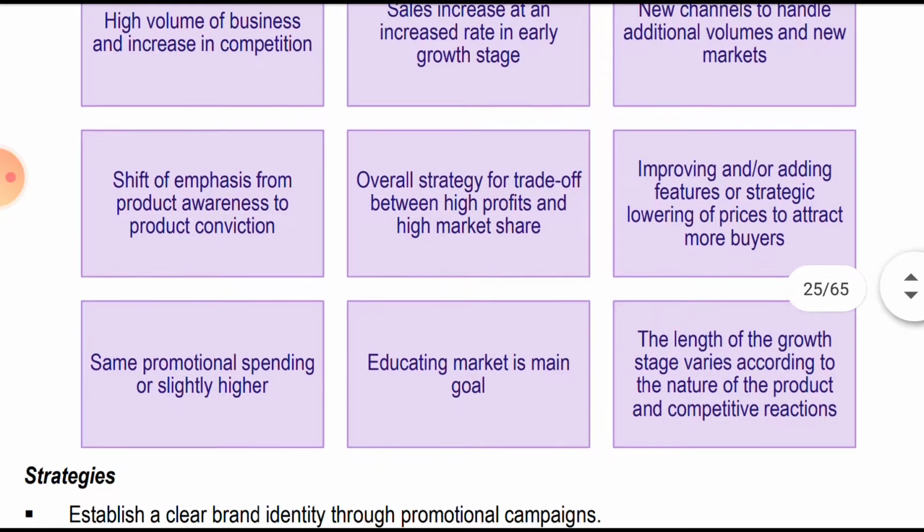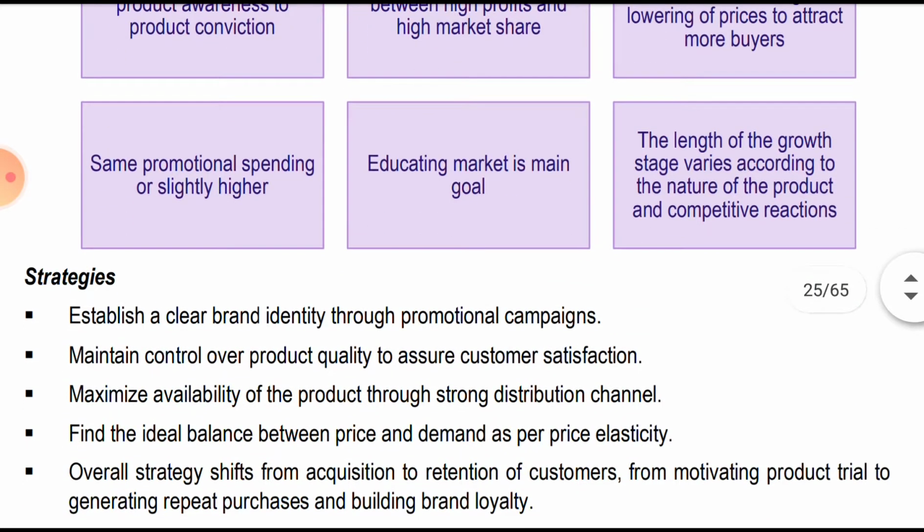Then promotional spending is the same or slightly higher. Educating the market is the main goal, so that they can purchase the product. The length of the growth stage varies according to the nature of the product and competitive reaction.